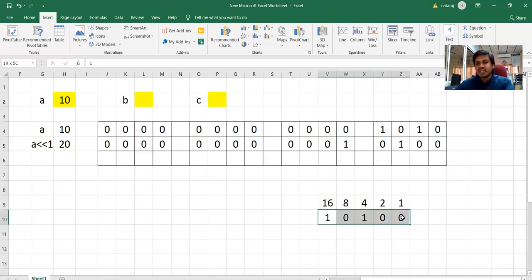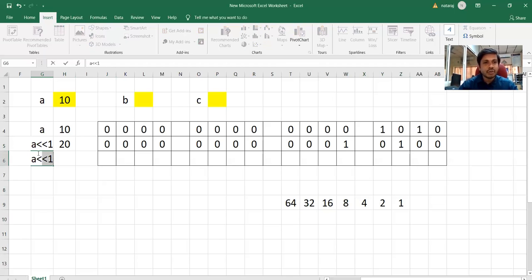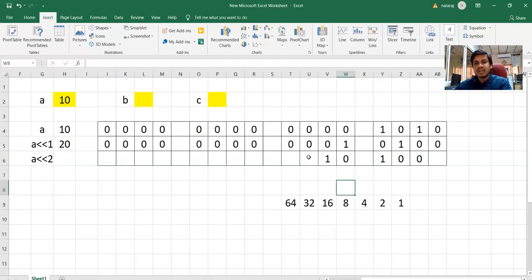Now, if I shift once more towards the left, which means A left shift 2. The 10 in A needs to be moved 2 times to the left. I already moved one time. Now the second time, MSB is erased and LSB is vacant, and 0 comes into that vacant position.